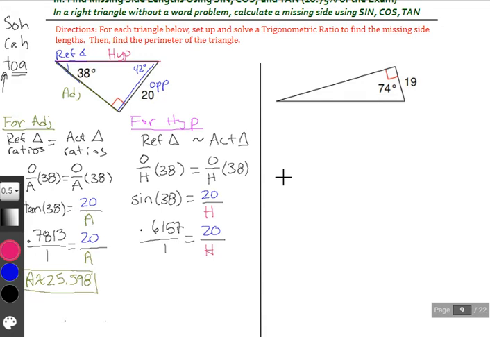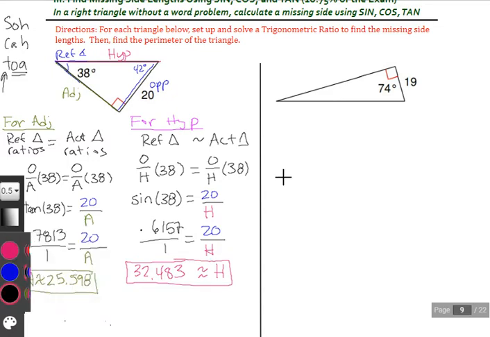Okay, so again, I don't have space really to work out the next couple steps, but we've done a lot of cross multiplying, and so we cross multiply, and it looks like we're going to have to divide by 0.6157. All right, and so we get the h value of 32.483. And again, if we check, the hypotenuse value should be the largest, and it totally is, so that gives me confidence that we're doing this correctly.